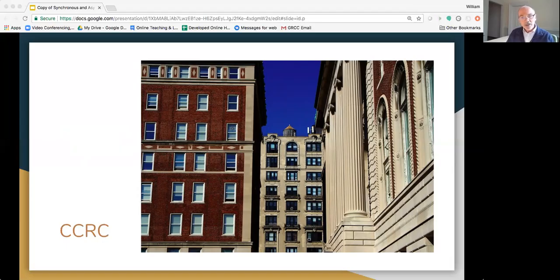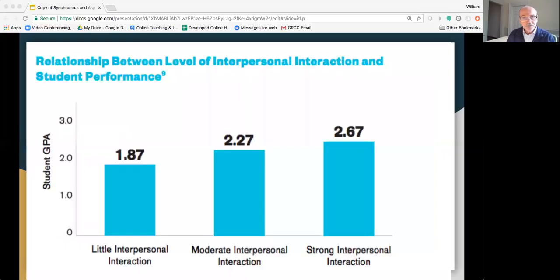And then they used these ratings to predict student grades. What they found was the course level of interpersonal interaction was the single most important factor in predicting student grades. Students in low interaction courses earn nearly 1 letter grade lower than the students in the high interaction courses.